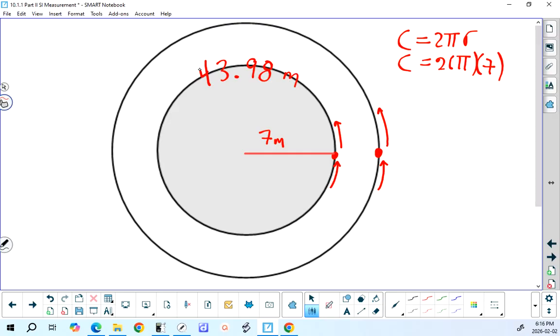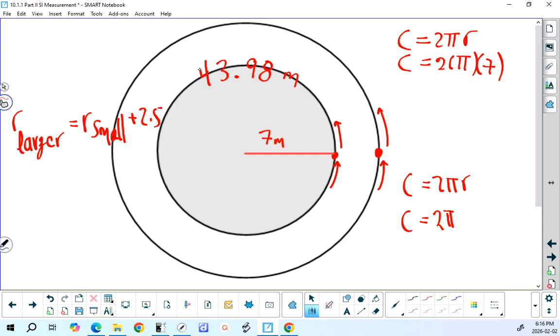Now, what about the child that walks around the larger one? Well, we still have to use the formula C equals 2 pi r, but this time the radius is different. The radius of the larger circle is equal to the radius of the smaller circle plus 2.5.